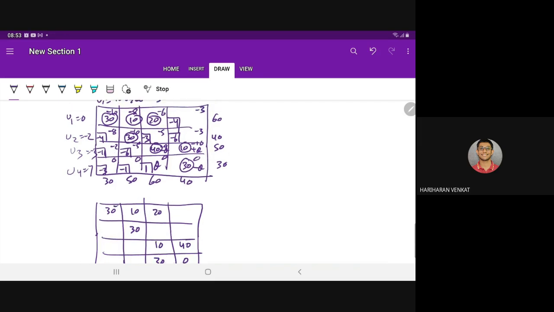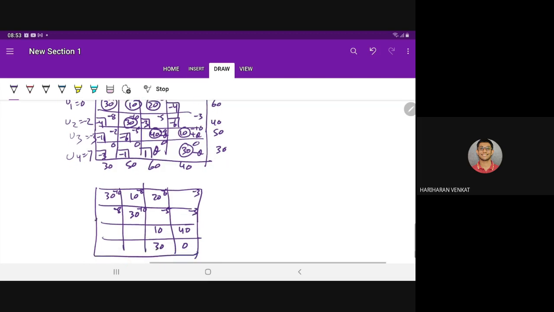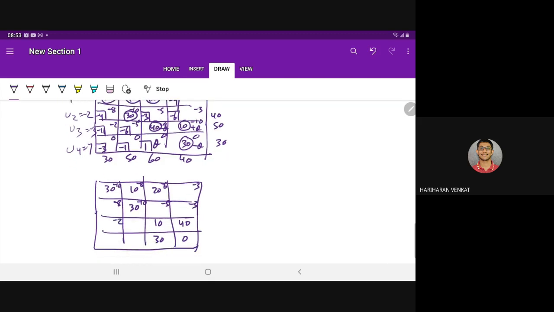And here we have the minus 10, minus 8, minus 6, minus 3, minus 8, minus 10, minus 5, minus 3, minus 2, minus 5, minus 9, and minus 10. And here we have the 0, 0, 0, 0.